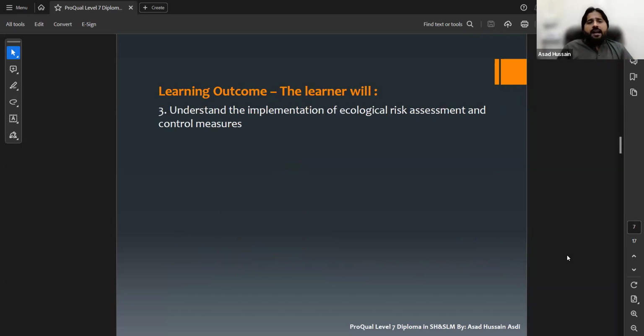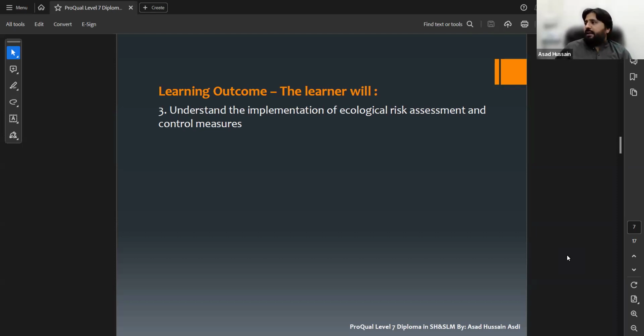Now we have learning outcome 3. The learner will be able to understand the implementation of ecological risk assessment and control measures.